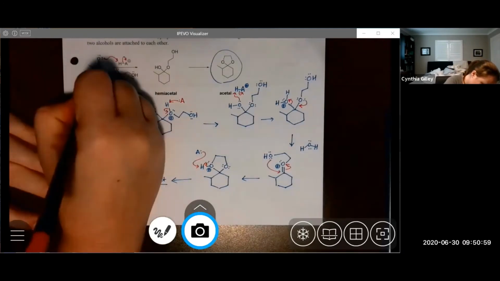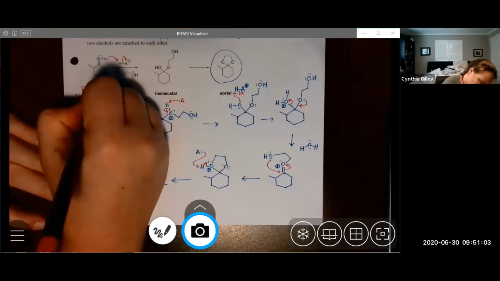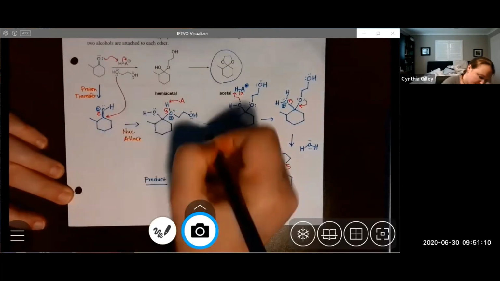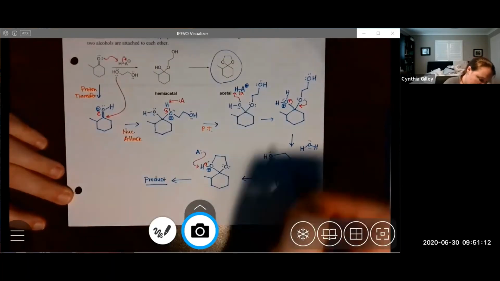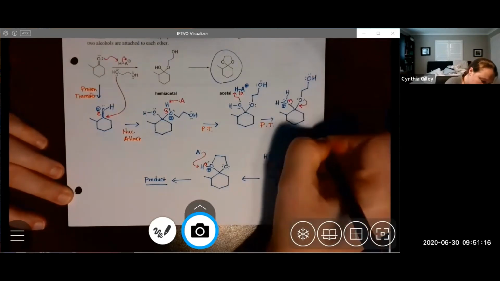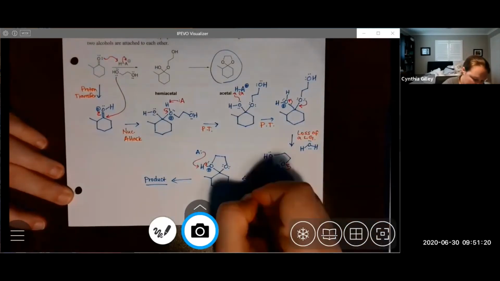Proton transfer, followed by a nucleophilic attack, followed by another proton transfer, and loss of a leaving group. A nucleophilic attack.